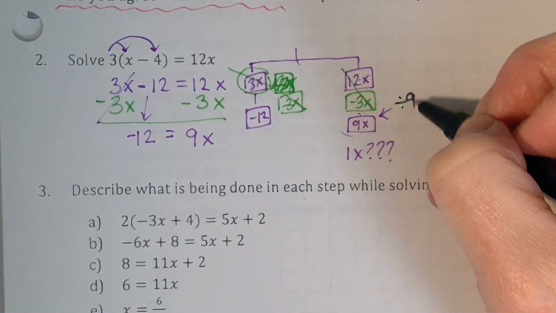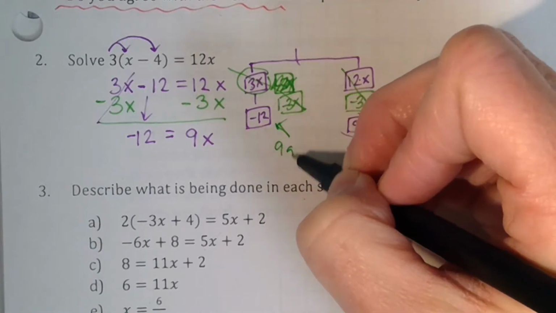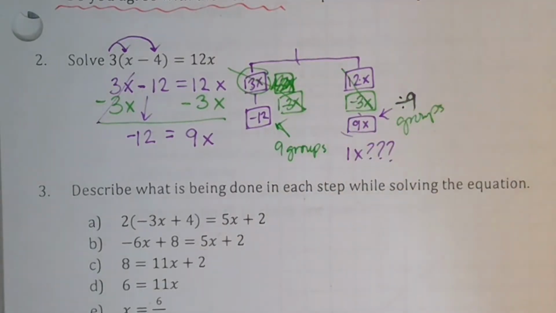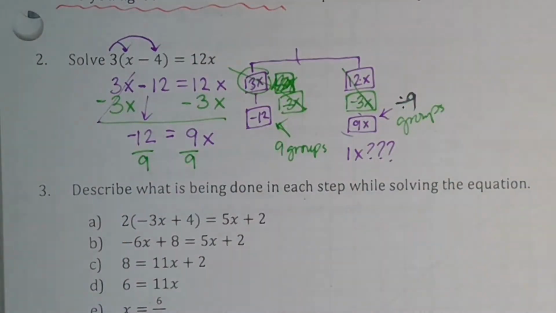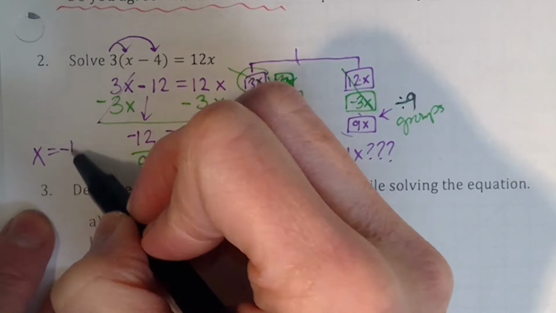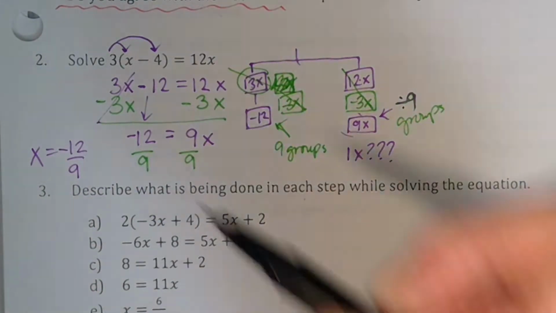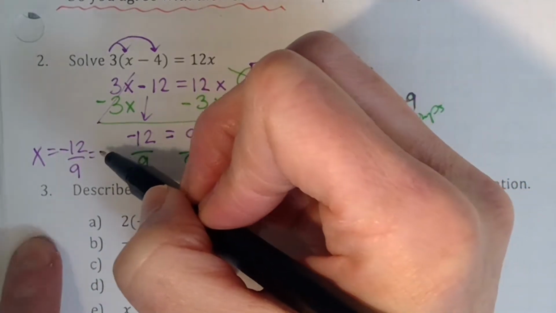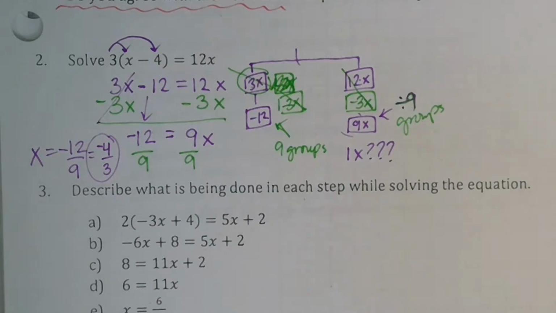Divide each side by 9. X equals negative 12 ninths. Now you can simplify that, and you get negative 4 thirds, and that's okay too.